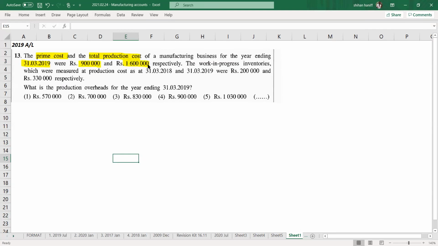The work in progress inventories which were measured at production cost as at 31st March 2018 and 31st March 2019 were 200,000 and 330,000 respectively. What is the production overheads for the year ending 31st March 2019?